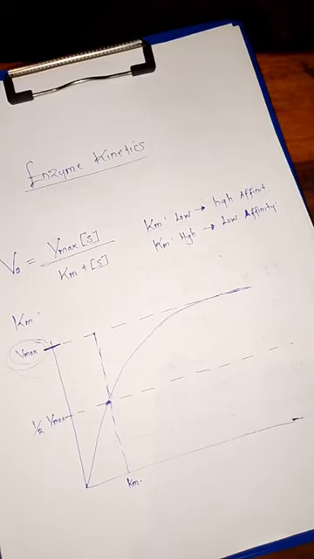One thing that we can do to compensate for this, say you have seen a competitive inhibitor in a certain reaction, is to increase the substrate concentration, because when you have more substrate involved in that reaction compared to the inhibitors, you have a high chance of substrate binding to the active site compared to an inhibitor. So we can simply say that competitive inhibitors can be overcome by increasing substrate concentration.